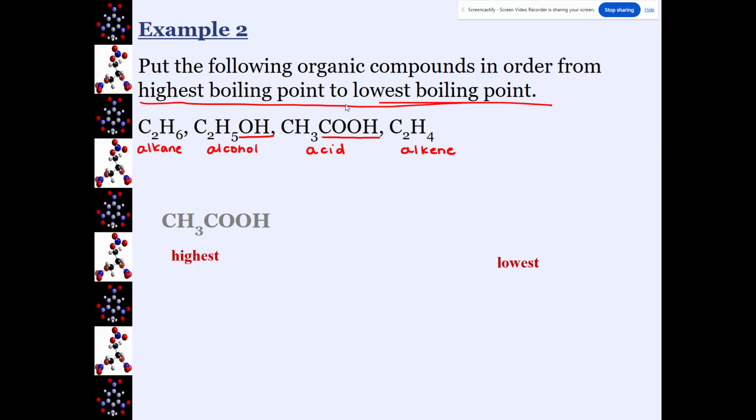Then would be the alcohol, C2H5OH. Then the alkane, C2H6. And finally, the alkene, C2H4. Okay? So when you're looking at the formula of a compound, that's going to help you to determine, again, what type of compound you have and then order it based on that order we just looked at.